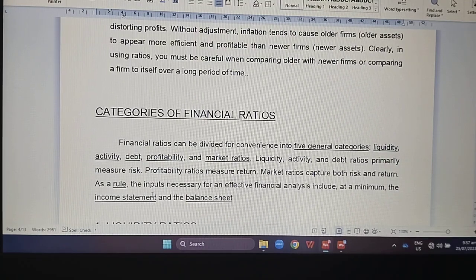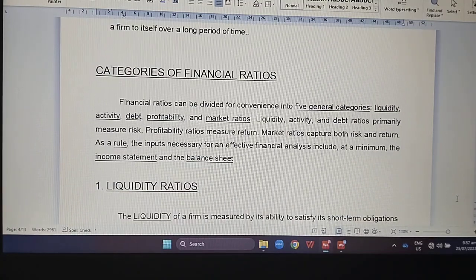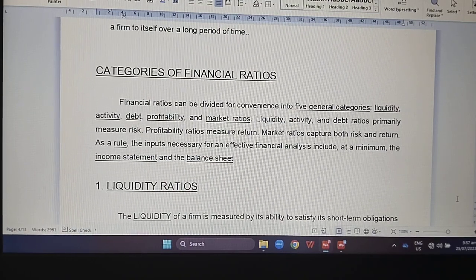So, as a rule, the inputs necessary for an effective financial analysis include at a minimum the income statement and balance sheet. Yan dalawang yan ang kailangan natin. Okay, kailangan natin. Kasi pagka nagano tayo ng financial ratio, itong dalawang to ang bida. Yun yung kailangan na meron tayo pagka nag-compute tayo ng mga ratio.